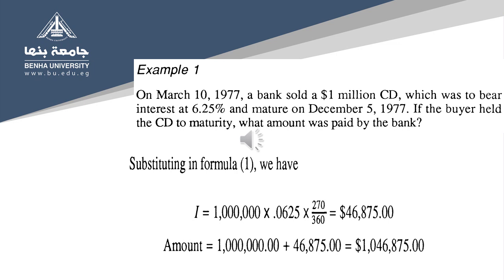This is the ordinary interest. Then amount equals B plus I, the present value or the principal at the beginning, plus the interest, so the total amount you find on the screen is the number you are required to find.